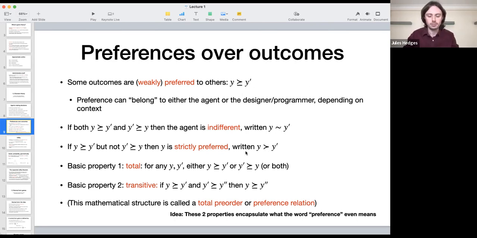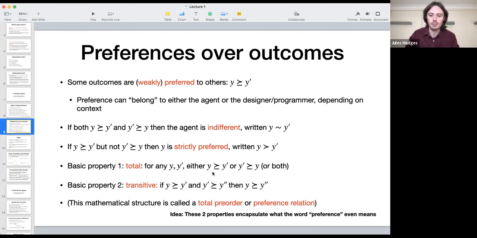So when we say that this means preferences, we're implicitly assuming a couple of properties of this thing. One is we're going to assume that for any two outcomes, the agent is going to weakly prefer one to the other. And it can be that they're indifferent, in which case they prefer both.